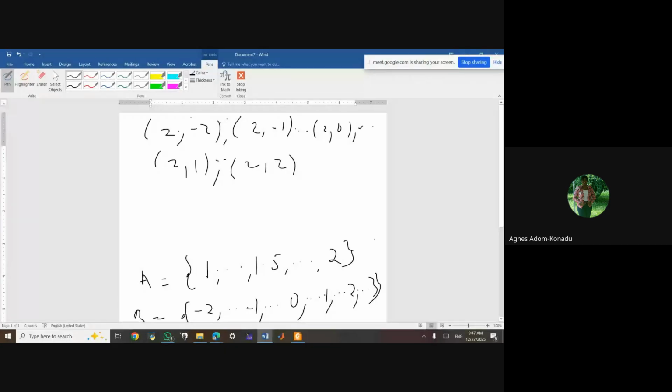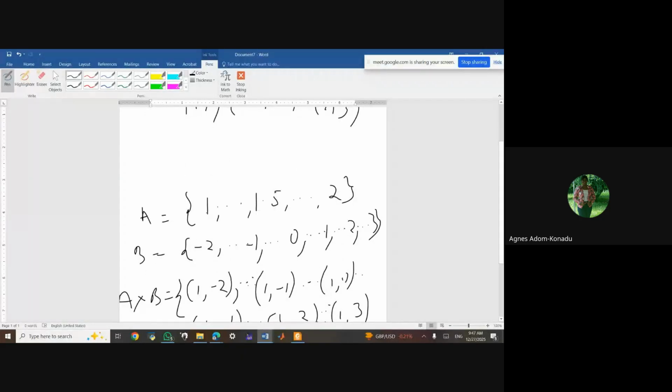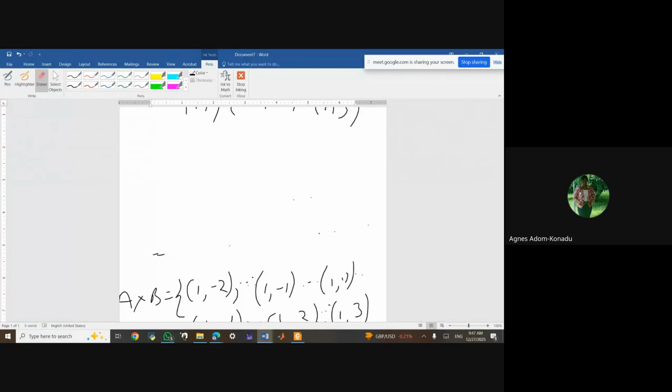Then I have some points and then 2 and 3. So I want to try and sketch that. I have my XY plane.